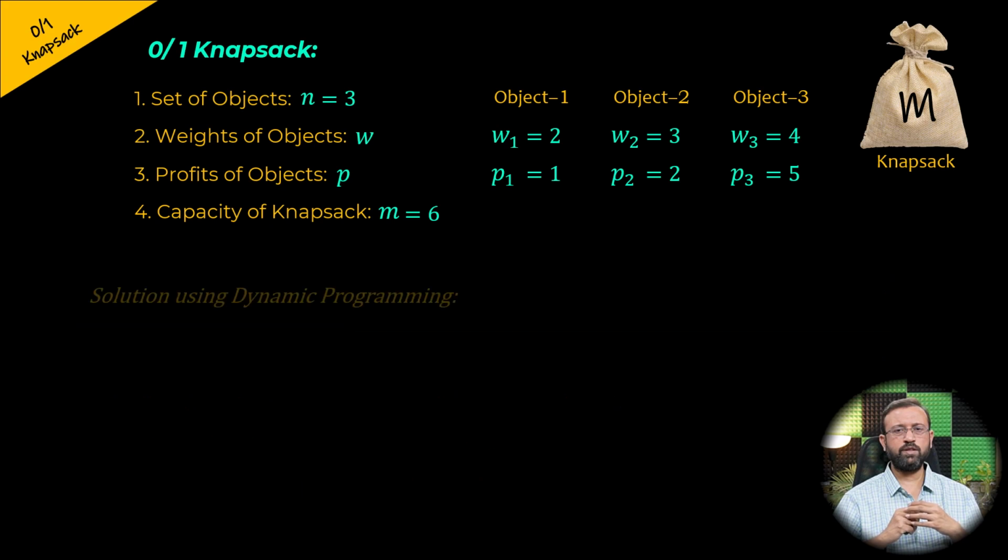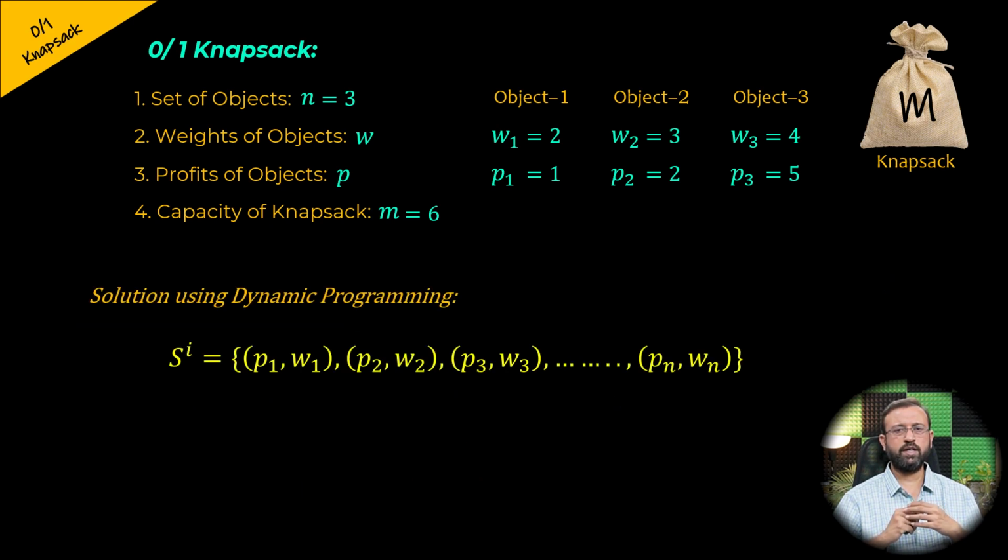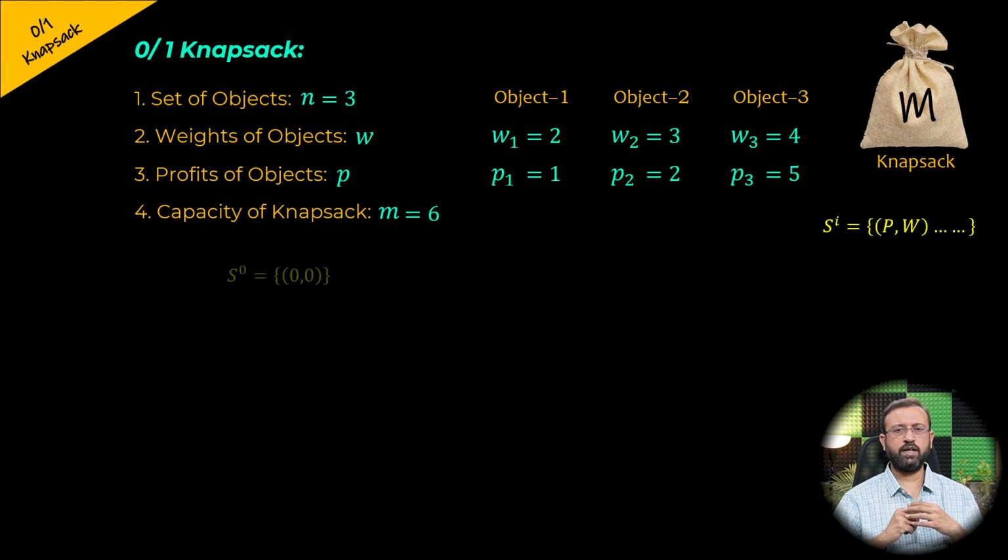So to solve this problem using dynamic programming, we use ordered set Si where each member is a pair of profit and weight. Initially the set S0 contains a pair 0, 0. That means there is no weight in the knapsack and no profit is earned.